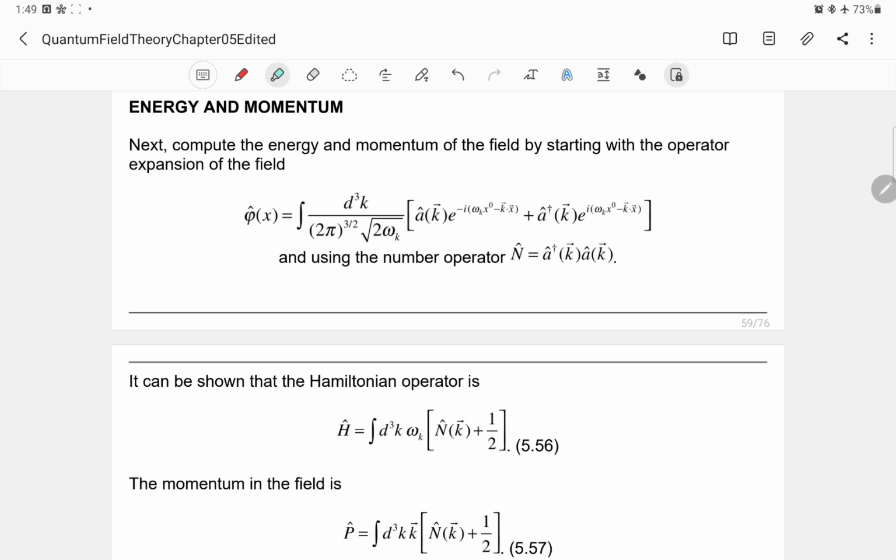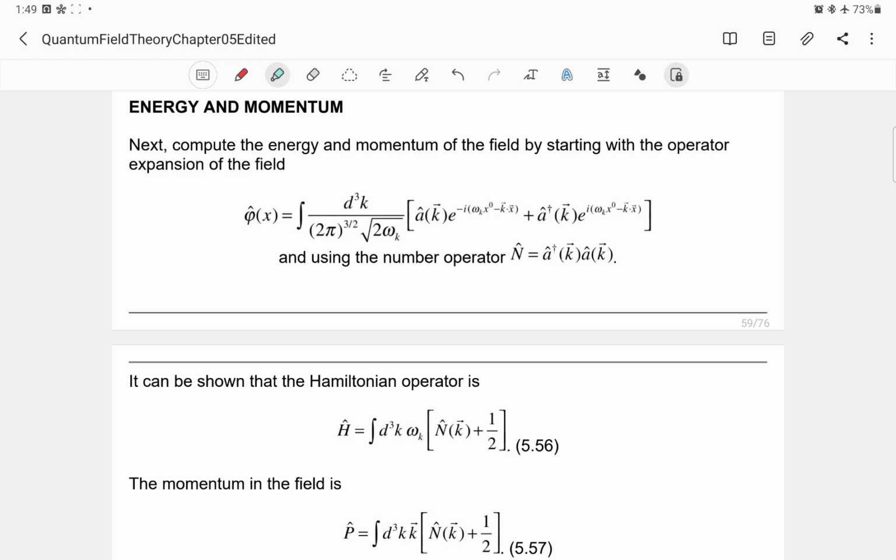We can also get the energy and momentum of a particle by applying the Hamiltonian and the momentum operator to a state.